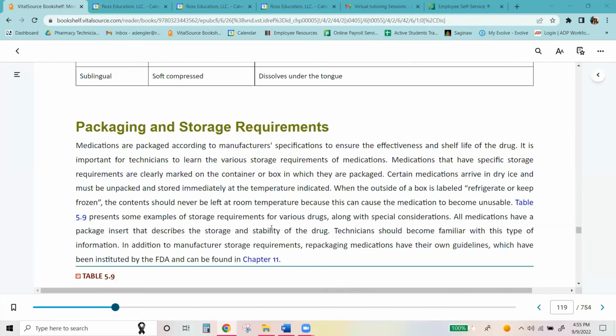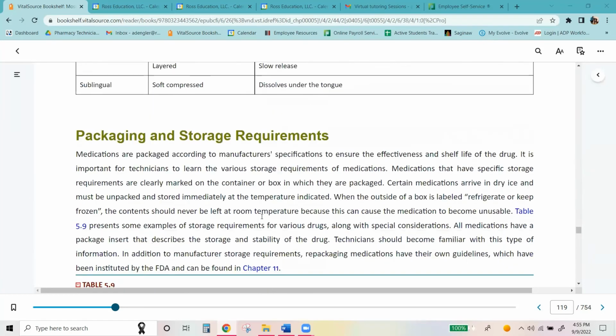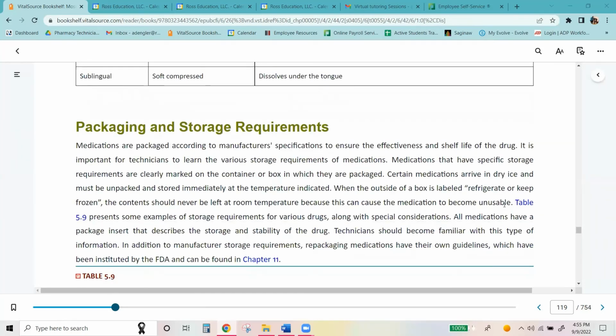Medications are packaged according to the manufacturer's specification to ensure the effectiveness and shelf life of the drug. It's important that we know the various storage requirements of medications. Certain medications arrive in dry ice and must be unpacked and stored immediately at the temperature indicated.